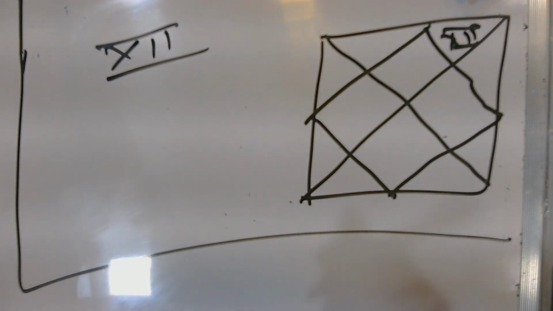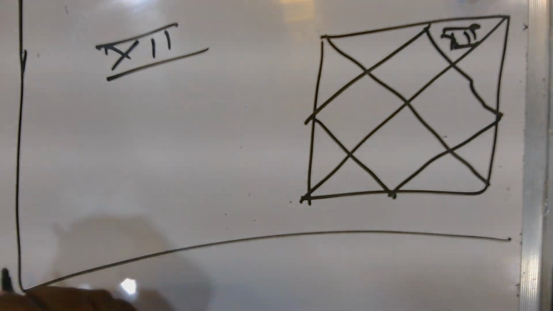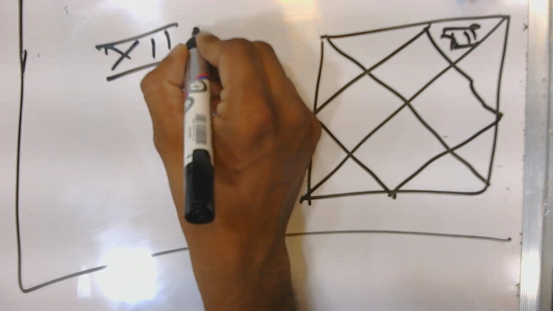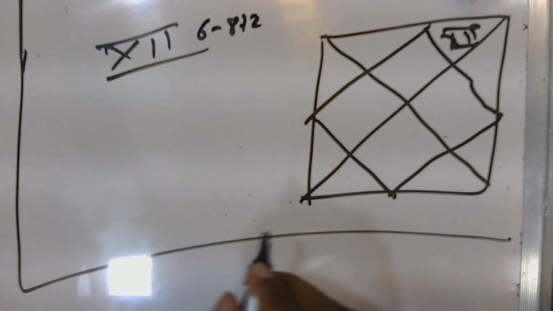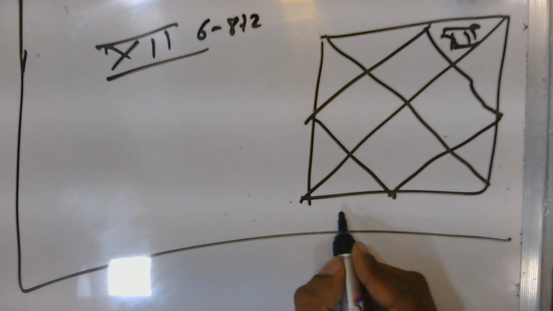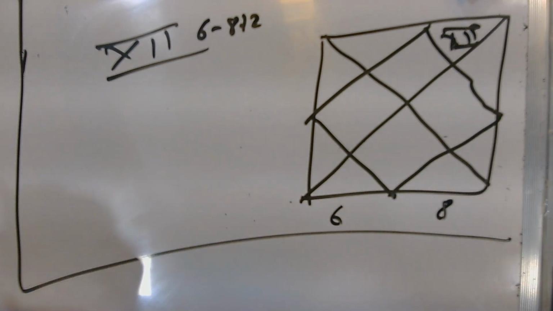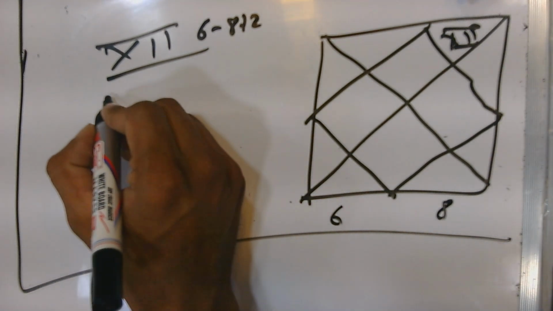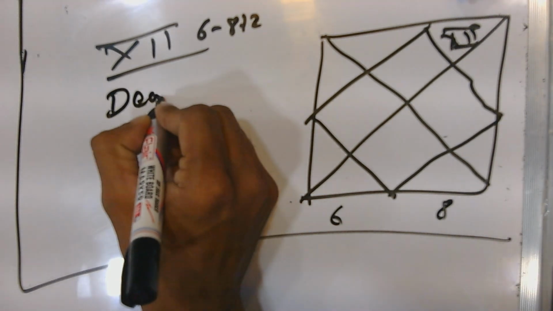Now the position of the 12th house is always going to be the same, whether it is written over there or not. It comes in the category of 6, 8, 12. So we already know that these houses are not considered good houses. So what are the things which we know from the 12th house? The 12th house is also the house of death.